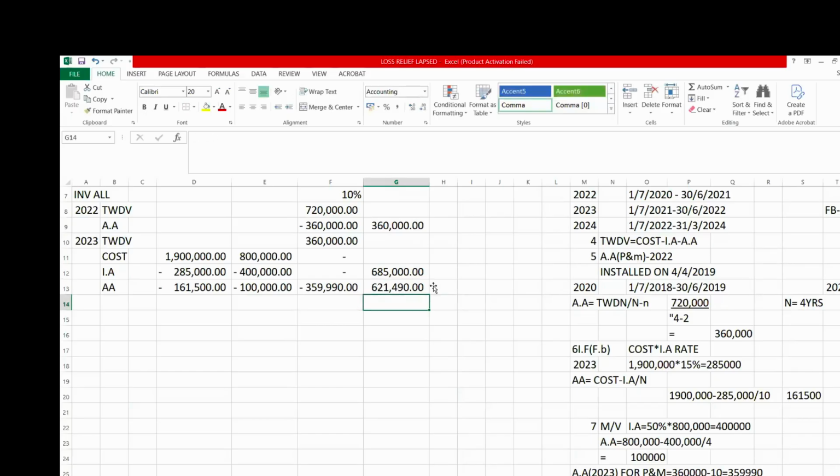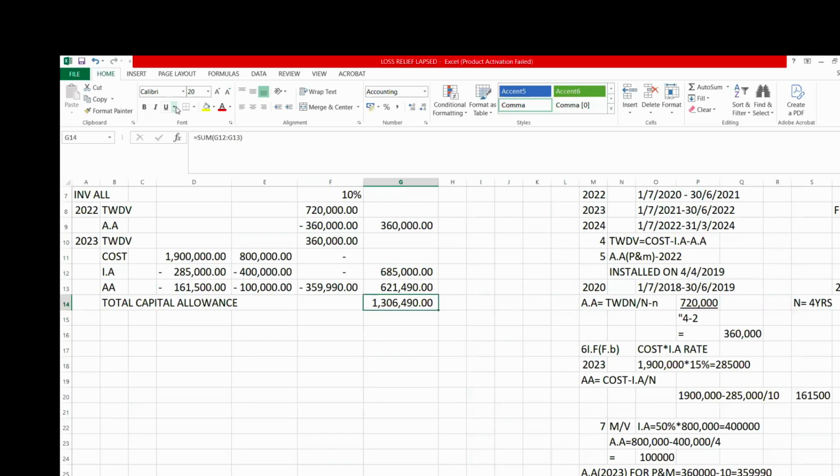You now use that to get the total capital allowance in year 2023, the addition of these two capital allowances. Then we are going to close.